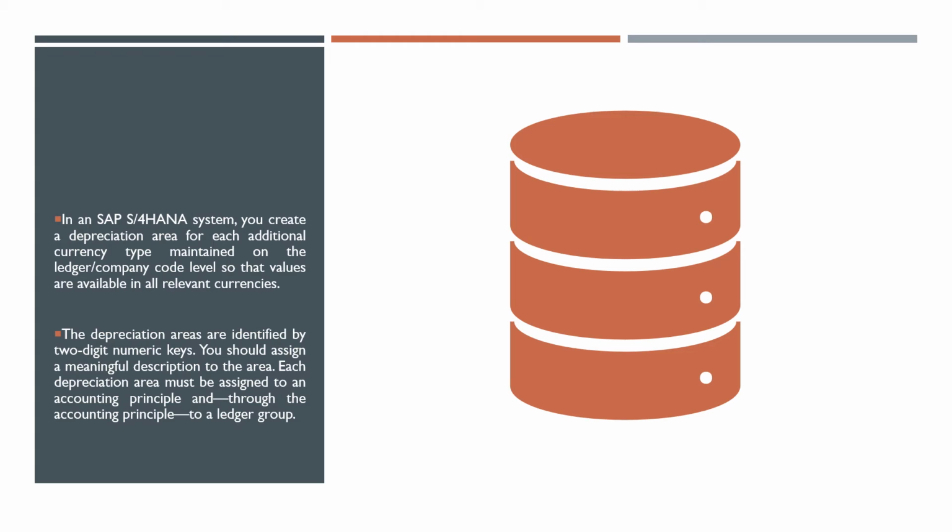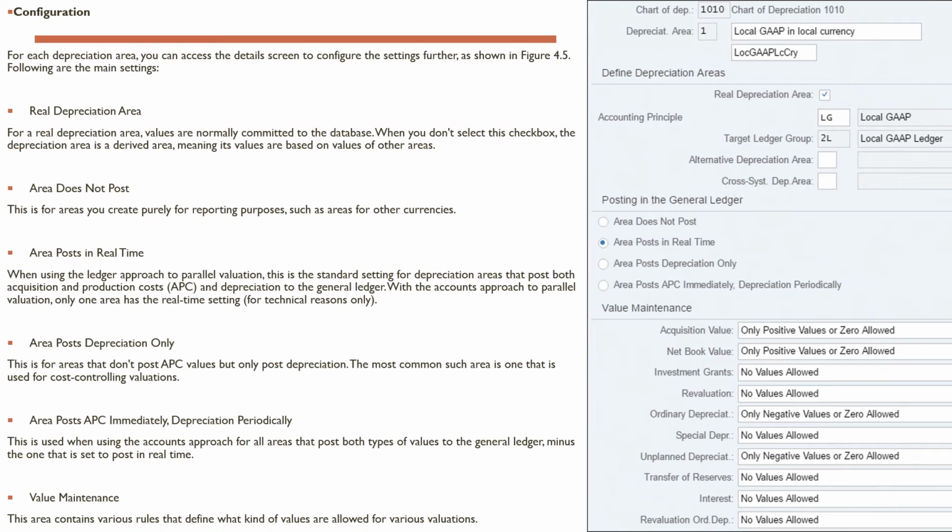The depreciation area is identified by 2-digit numeric keys, so you should assign meaningful descriptions to the area. Each depreciation area must be assigned to the corresponding accounting principle, and through the accounting principle to a ledger group. Okay. So right here we're going to look at the configuration.